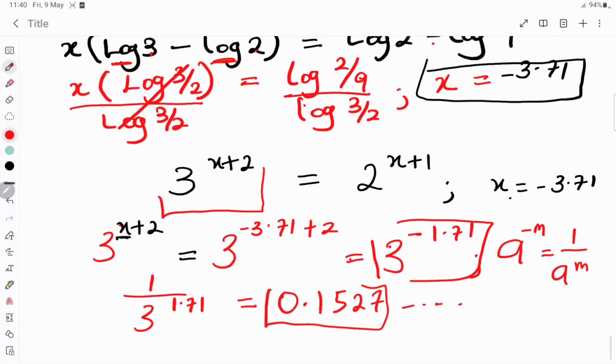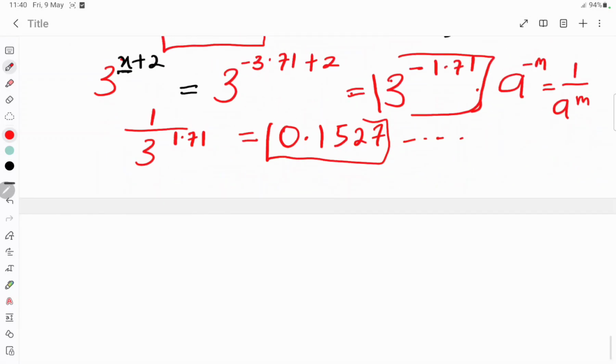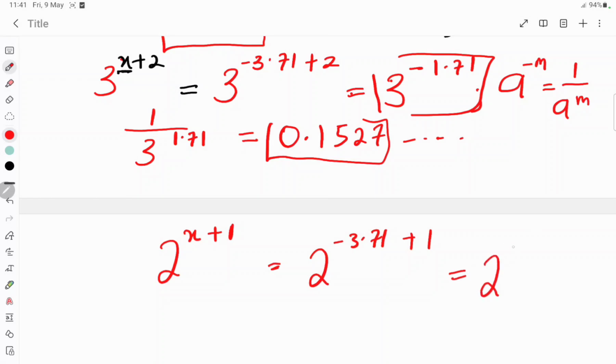Then to the right hand side, where we have 2 to the power of x plus 1. So we have 2 to the power of, our x is minus 3.71, then plus 1. What is it giving us? You see that this is giving us 2 to the power of minus 2.71.